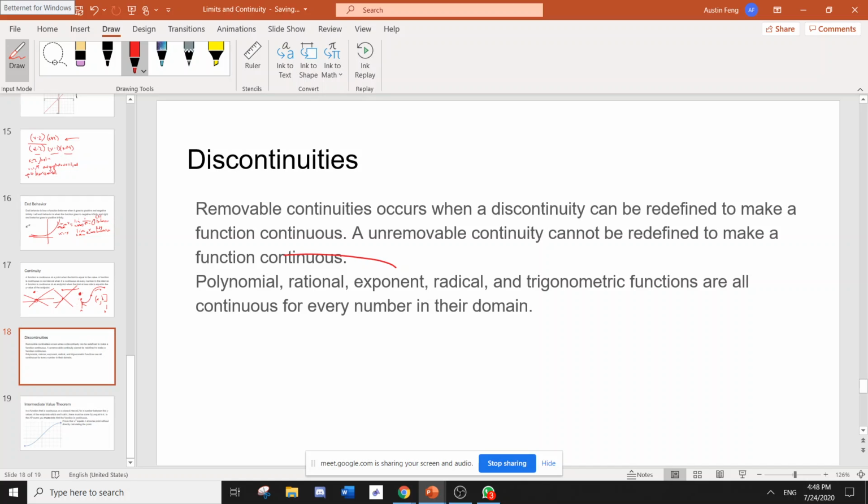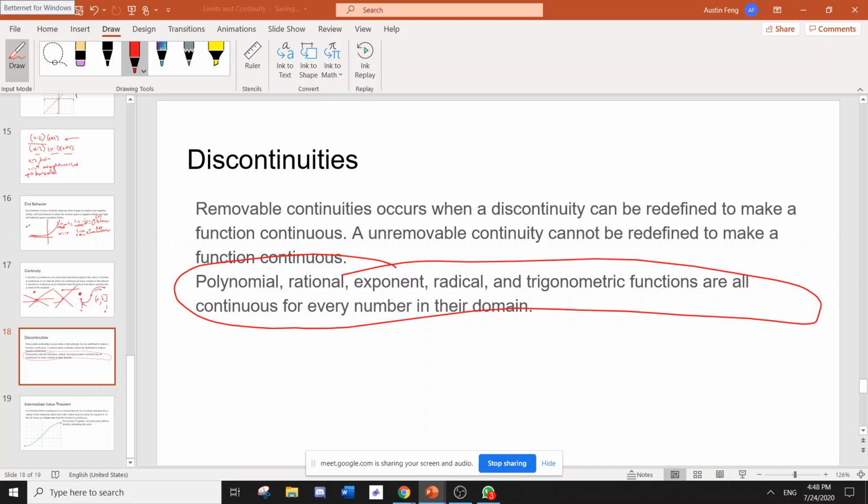Polynomial, rational, exponential, radical, and trigonometric functions are all continuous for every number in their domain. But piecewise functions, step functions, ceiling functions, and floor functions can be continuous, but they can be non-continuous as well.